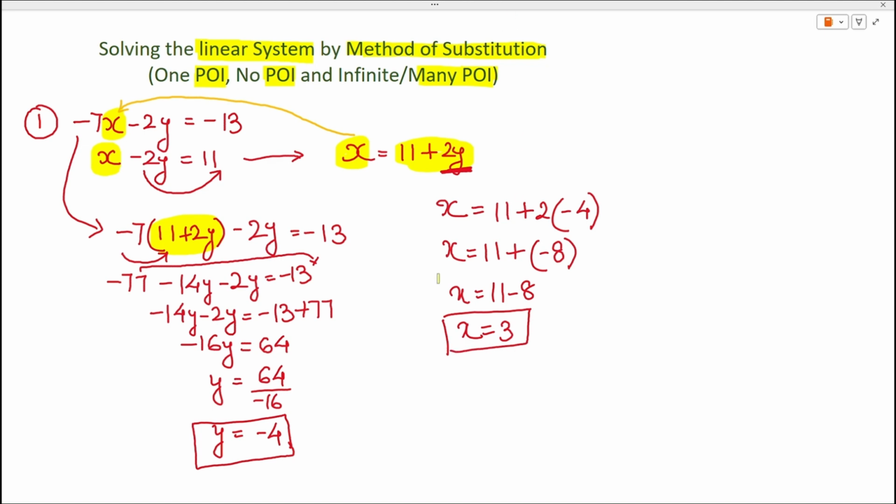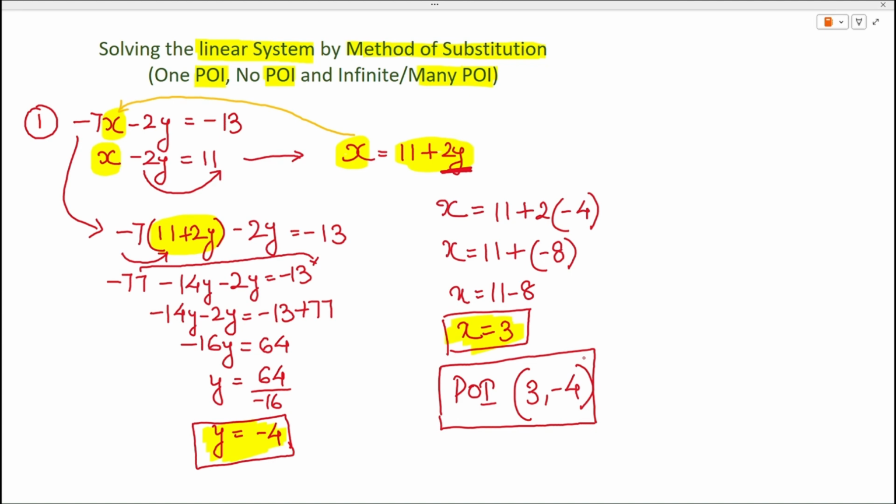So our x value as 3 and the y value as negative 4 is the point of intersection. So we can write our point of intersection is (3, negative 4). So in this situation, we have got one solution to this linear system. So these two lines will intersect at this point.